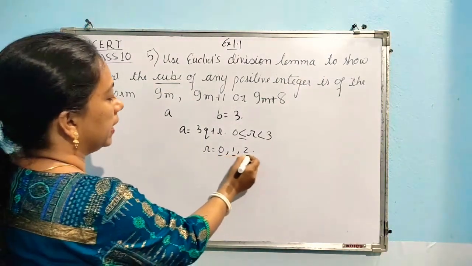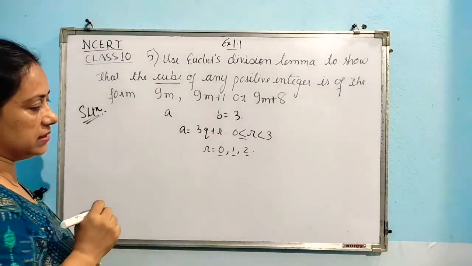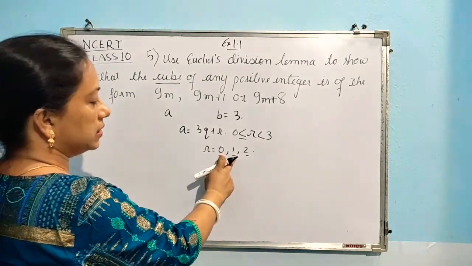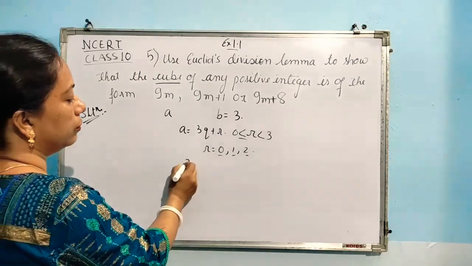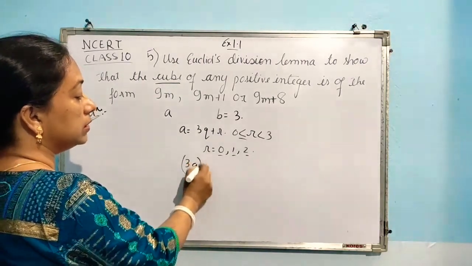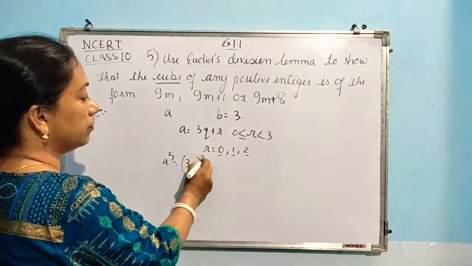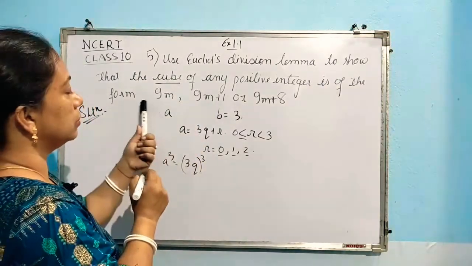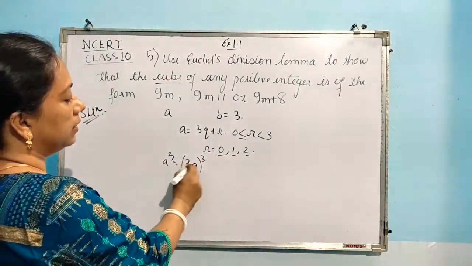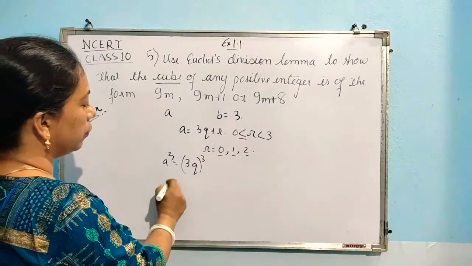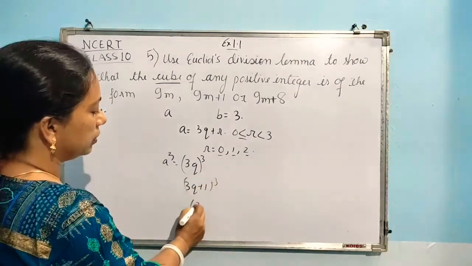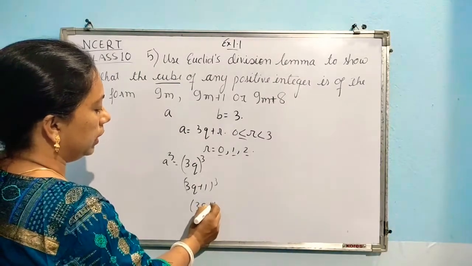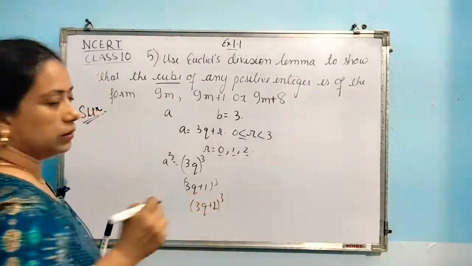Now again we have to take 3 different cases: when r is equal to 0, when r is equal to 1 and when r is equal to 2. In case r is equal to 0, we will just have 3q. We need to find the cube of that, isn't it? Cube of that positive integer is of the form this. So cube means 3q whole cube. Similarly for the second case we go for 3q plus 1 whole cube, and for the third case 3q plus 2 whole cube.